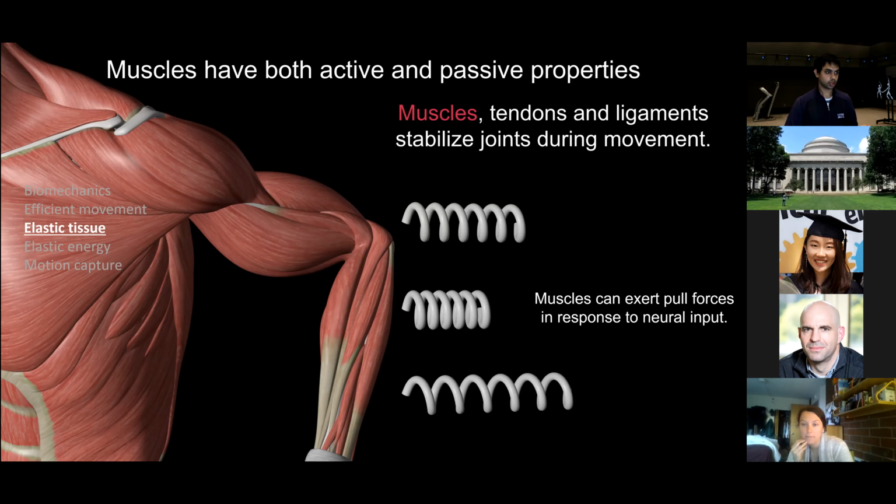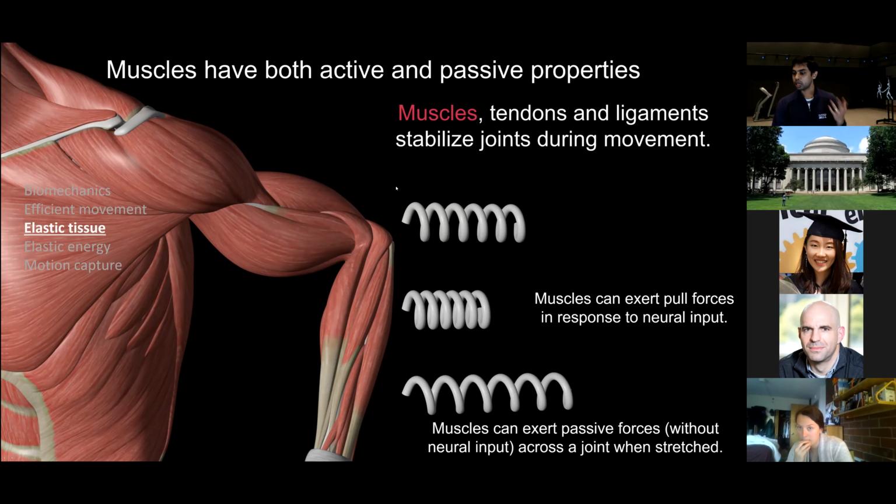And muscles can exert passive forces when stretched, meaning if a muscle length increases, say I stretch out my arm, right? So if my muscle length increased somewhere here, then they can exert a force across the joint without having to continuously receive input from the brain.